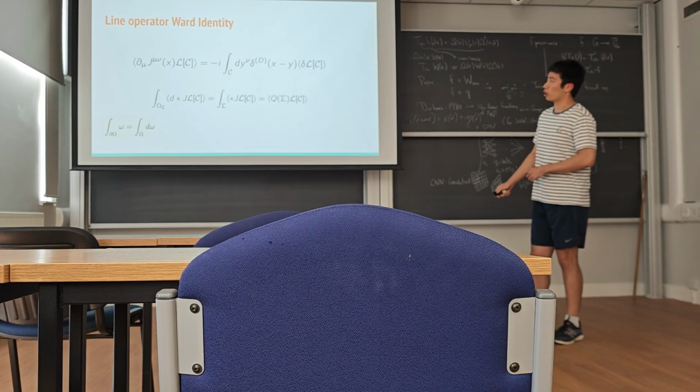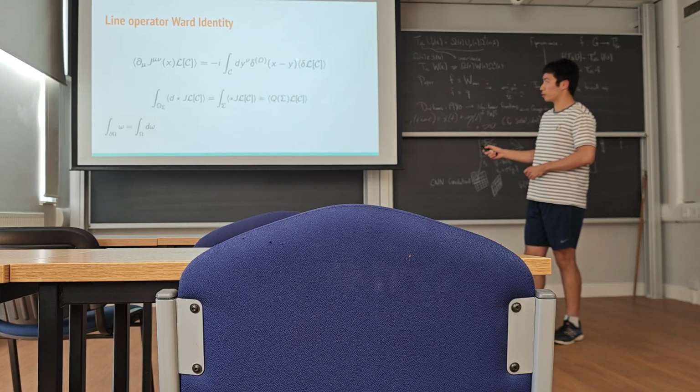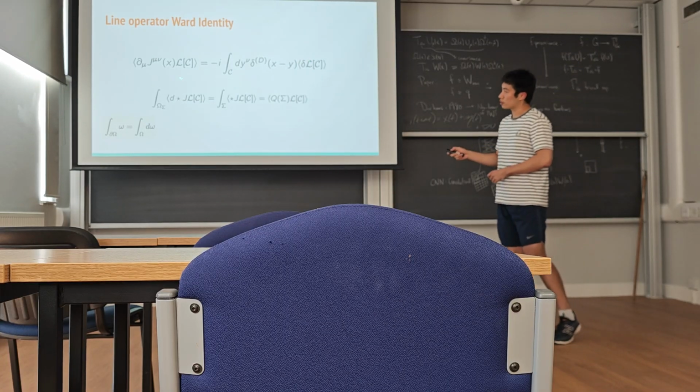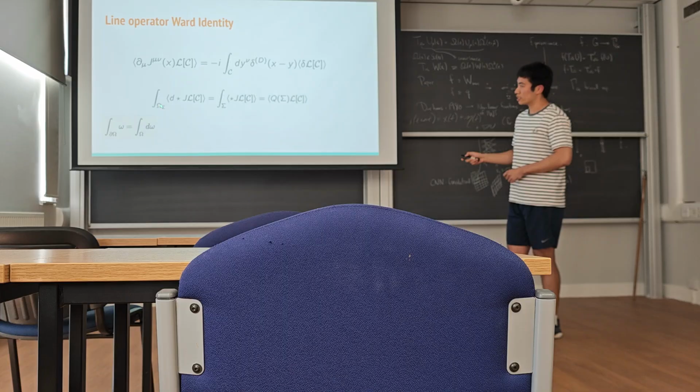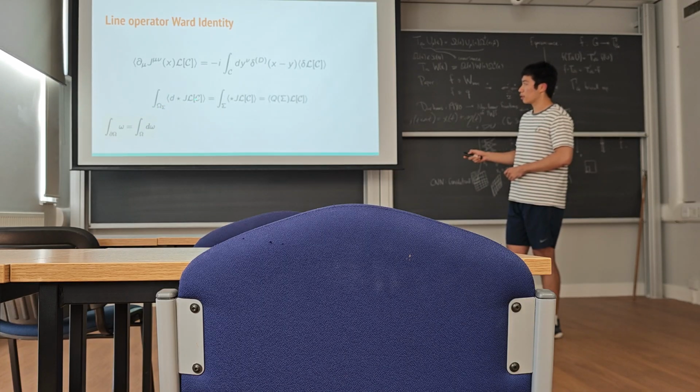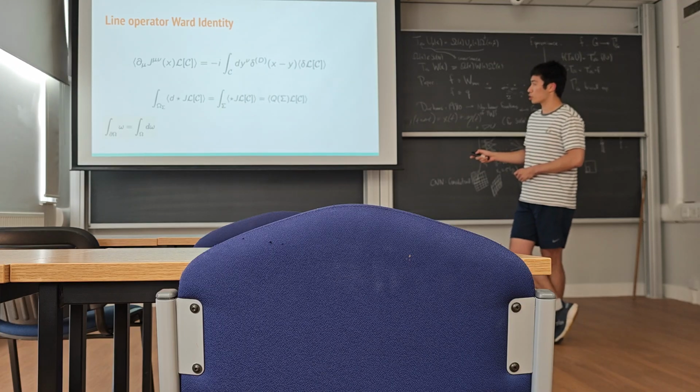Okay, back to our line operator Ward identity. So here, we in fact have a derivative of the Hodge dual of the current, and we integrate it over this manifold omega, and that via Stokes' theorem, we have that it is the integral of this star J over some manifold of d minus 2 dimensions.